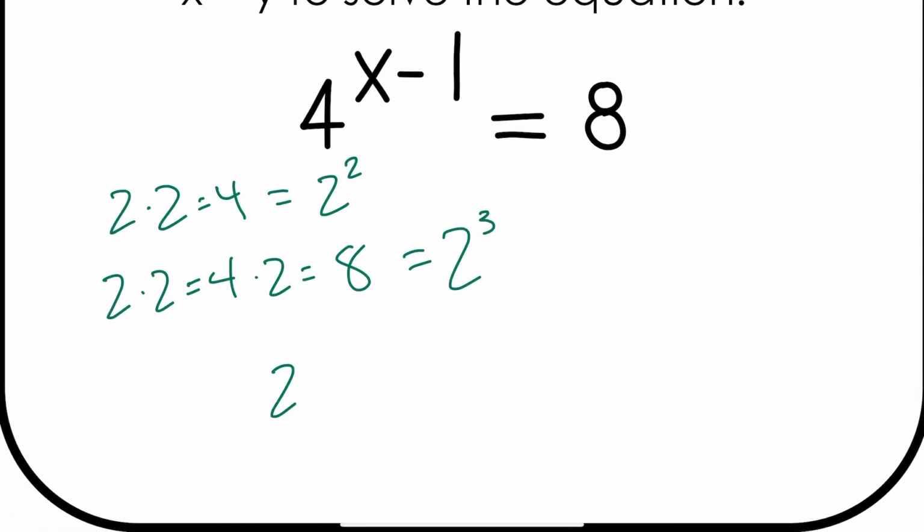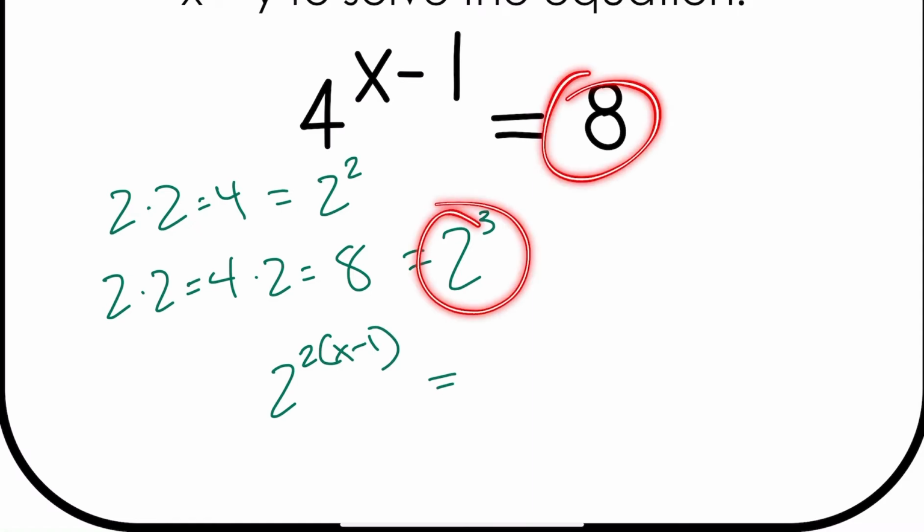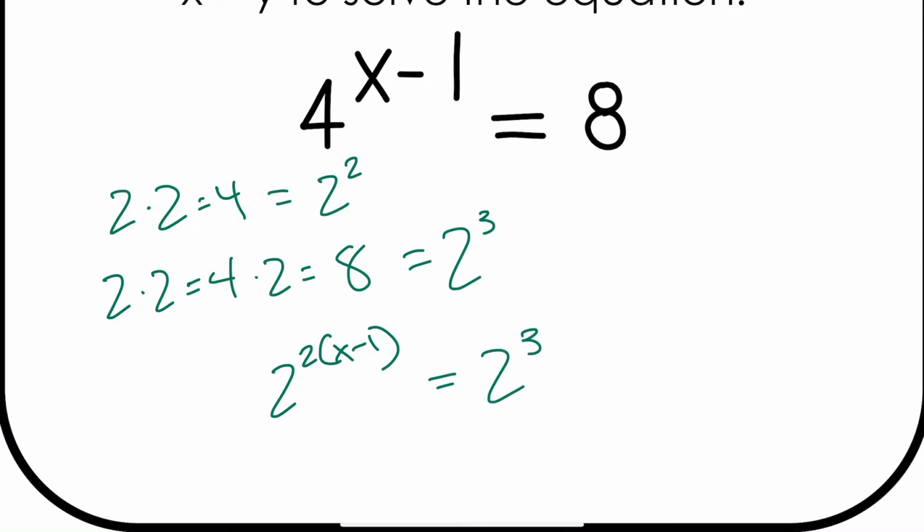So I got 2 squared. Just like in those other problems we saw before, I'm going to take this x minus 1, and I'm going to put it behind my 2 here. So I got x minus 1, all right, equals, now instead of 8, we're going to put 2 to the 3rd power. Okay, now we're at a spot where we have the same base.